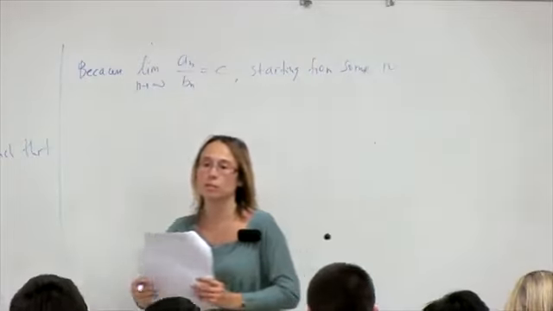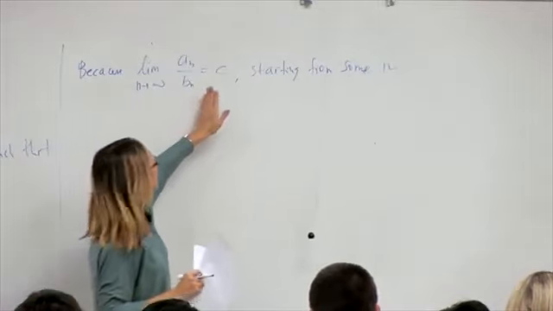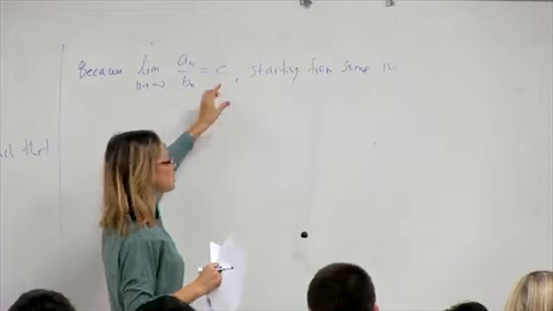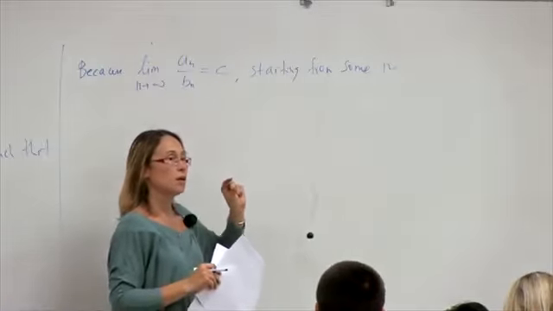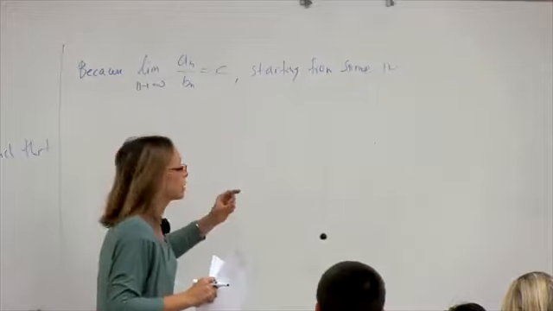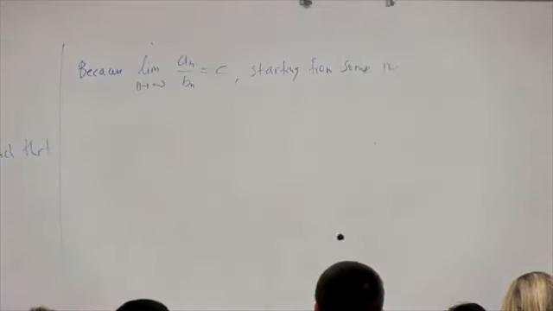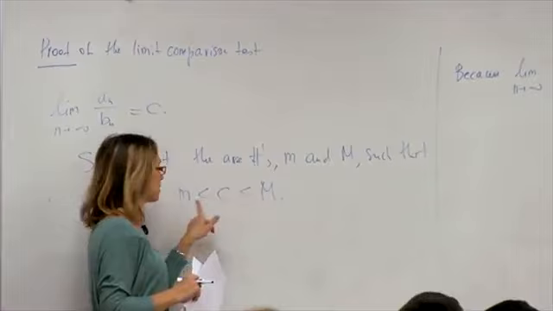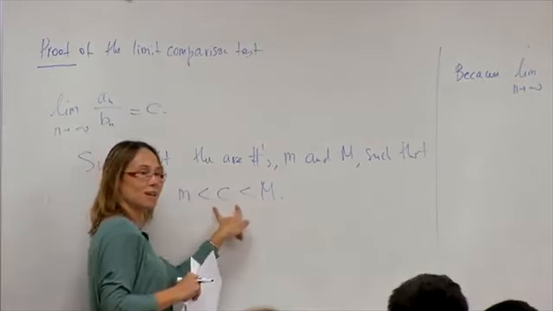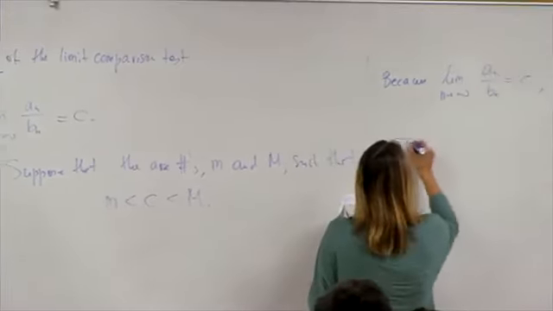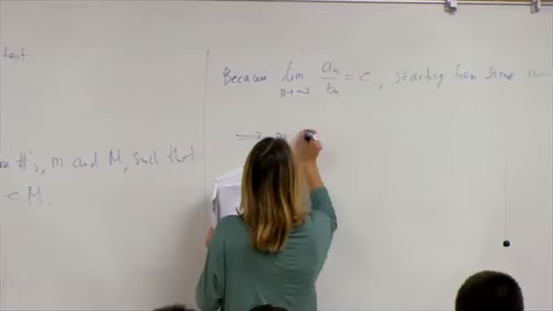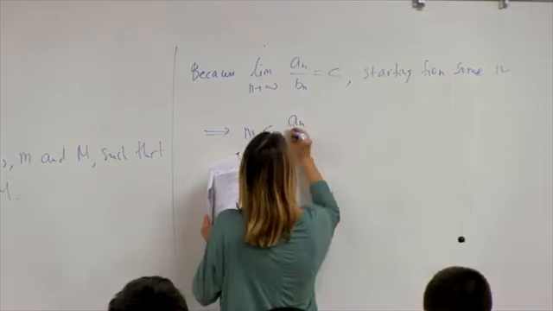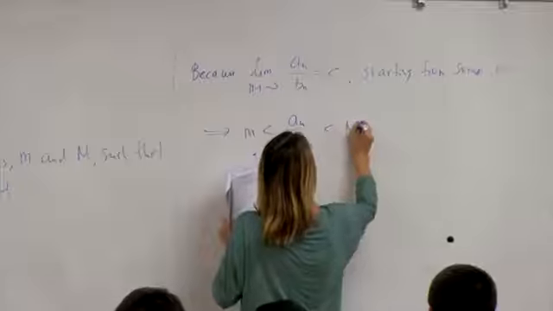That's the meaning of limit. So if the limit of this guy is a number c, starting from some n, it's going to be very close to it. How close? Well, arbitrarily close. For instance, it could be closer than either m or M. It could be so close to c that it's also within these bounds. So we can write that it makes it inside this interval imposed by my two numbers.